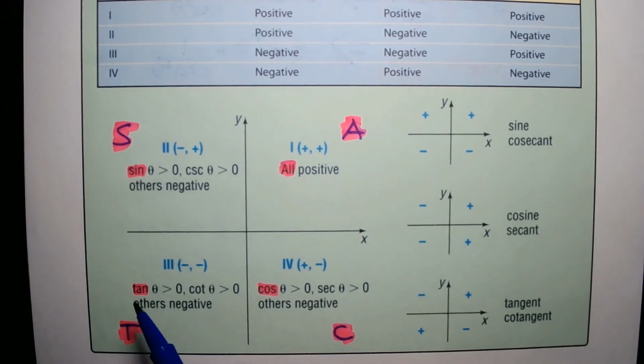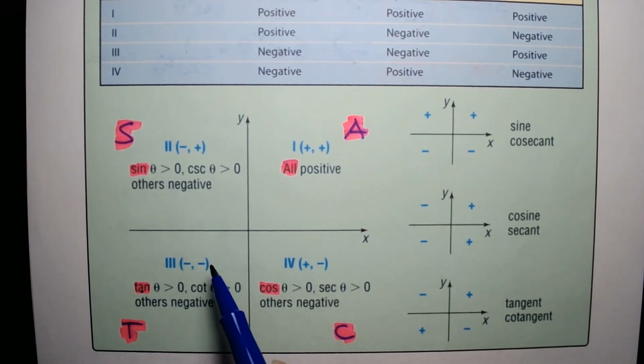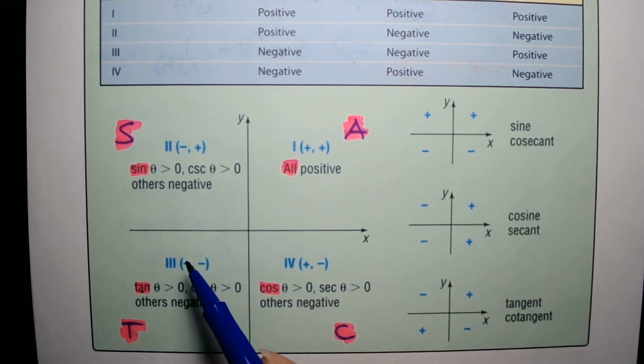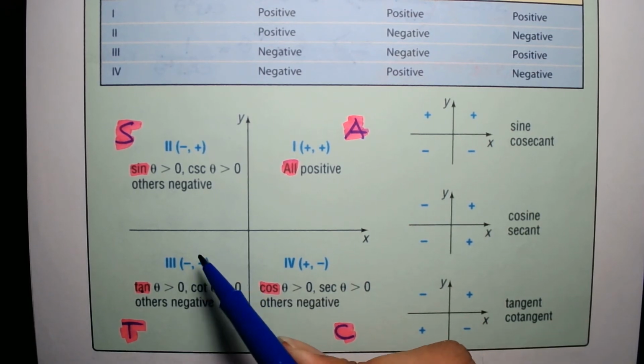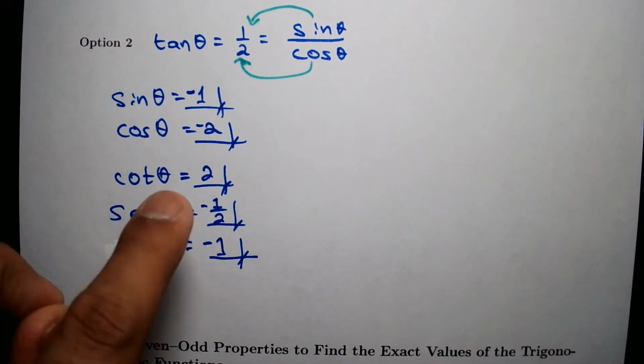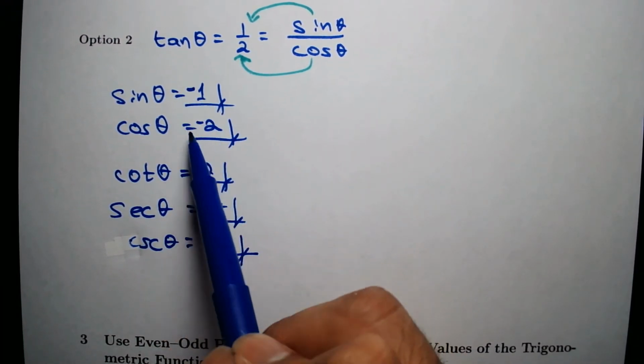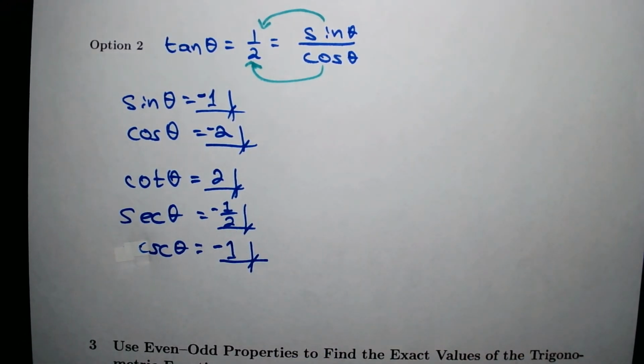In the third quadrant, only tangent and cotangent are positive. Everything else, sine and its reciprocal cosecant, and cosine and its reciprocal secant, are all negative. So we just need to change the signs of these. Again, tangent is positive, cotangent is positive, the remaining are negative.